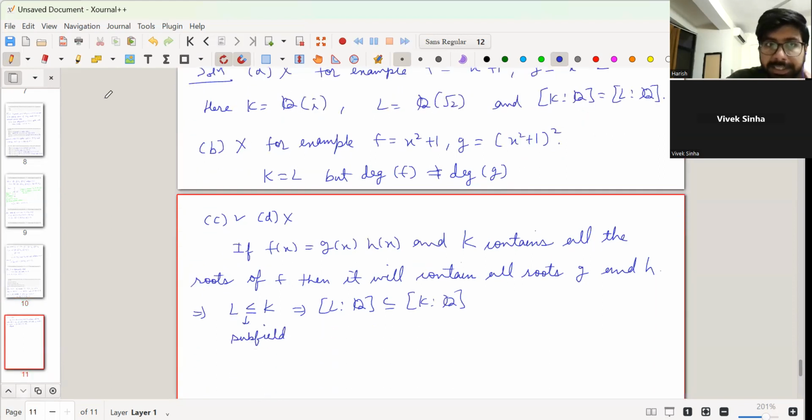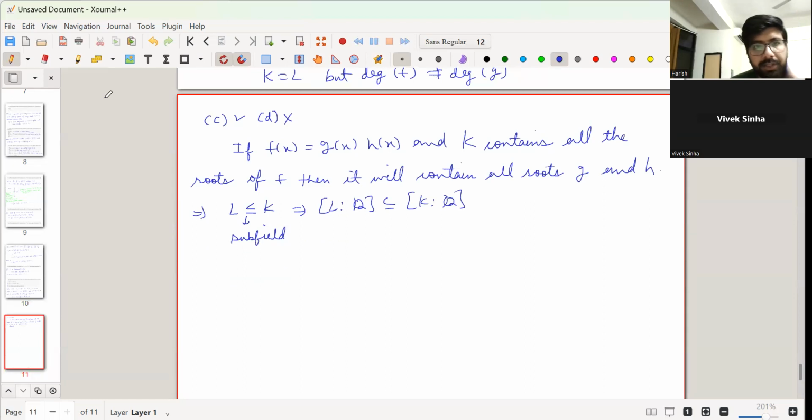And to neglect D, we should say that degree cannot be greater, right? Maybe I should use the same order as the question is saying. So K over Q is greater than or equal to L over Q, right?